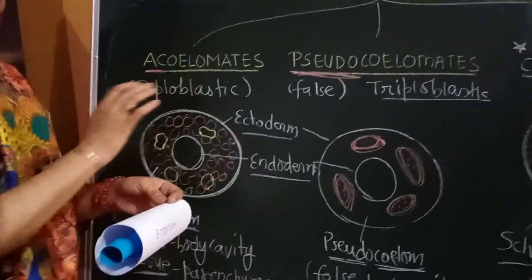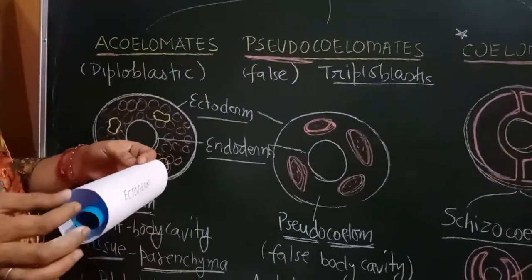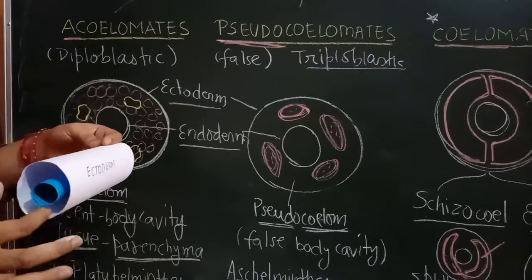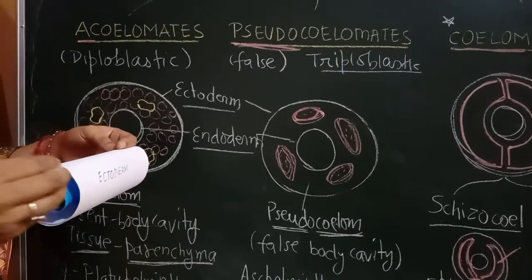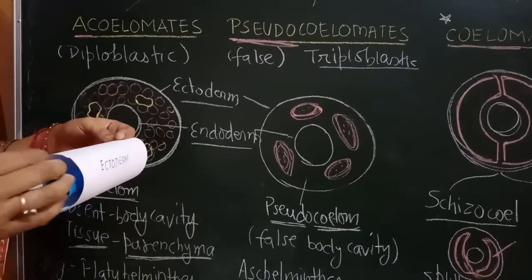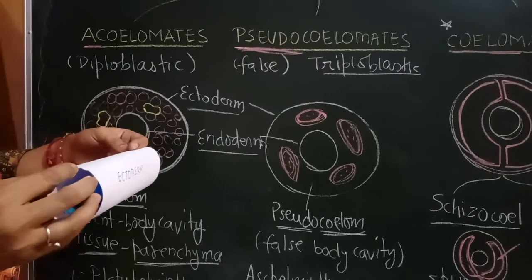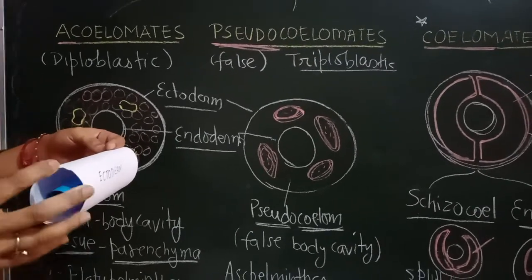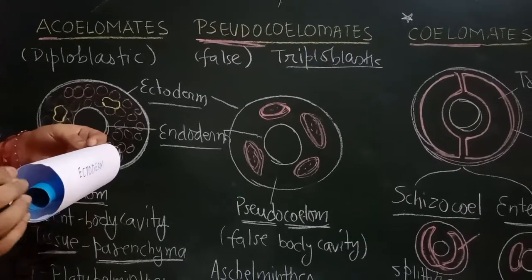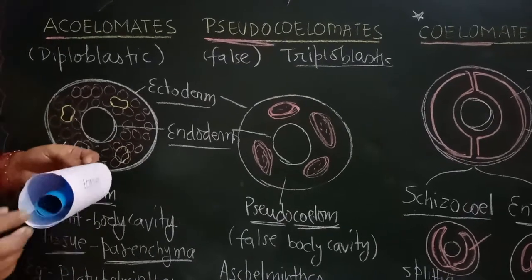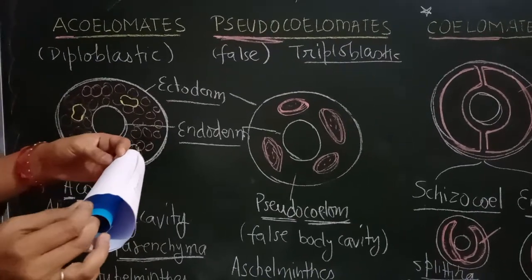So in the case of acoelomates, outer ecto, inner endo, and the space is filled with the tissue. Organs are there, but the space is filled with parenchymatous tissue, so the space does not appear. So such arrangement is called acoelomates or acoelom.